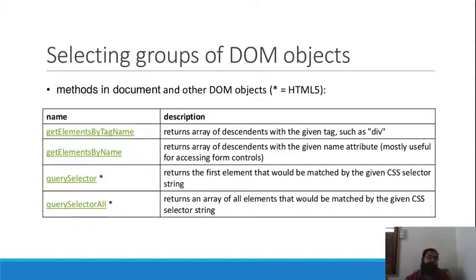So the difference between querySelector and querySelectorAll is that querySelector returns the 0th element, or the first element in the array that is returned by querySelectorAll.